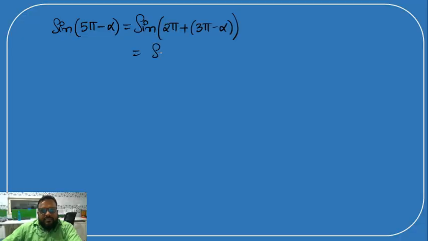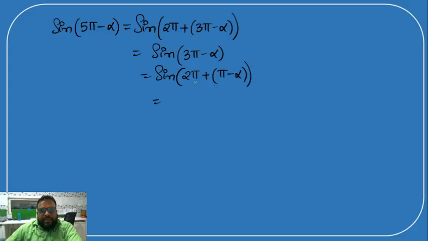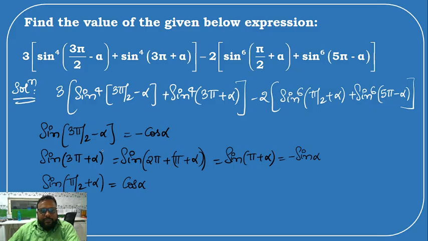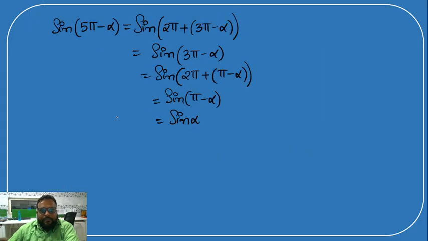Again, since it is sin of 360 plus theta, I can write this as sin of 3 pi minus alpha. This 3 pi also I will write as 2 pi plus pi minus alpha. Again, this is 360 plus theta. So this is sin of pi minus alpha. Okay. So again, this is sin alpha. So we got all the four values, right? All the four simplifications: sin of 3 pi by 2 minus alpha, sin of 3 pi plus alpha, sin of pi by 2 plus alpha, and also sin of 5 pi minus alpha, all the values.